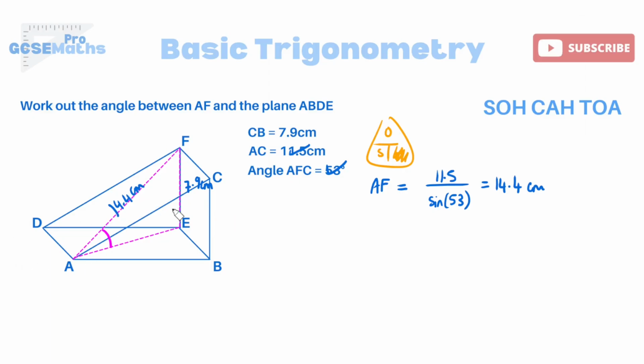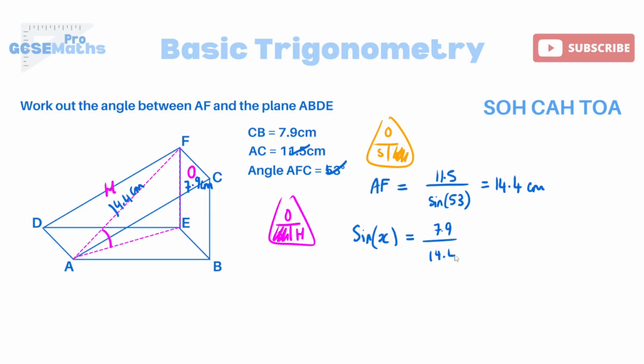So I now know AF and FE. So I've got the hypotenuse and I've got the opposite again. So actually I'm going to be using sine again. But this time we're looking for the angle, aren't we? So I'm going to cross out the S. So sine of the angle, you could call it X if you want, call it whatever you want, is the opposite, which is the 7.9 over the 14.4.